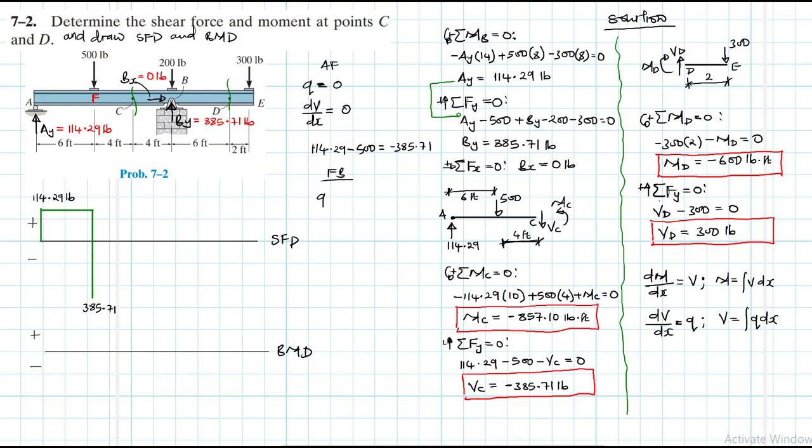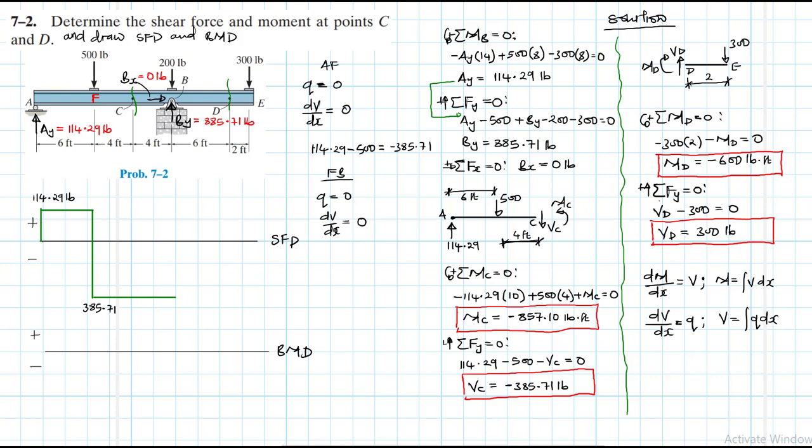Then later on, from F to B, we again know that q is just equal to 0. Therefore, our dV/dx, which is the slope of our shear, is also going to be equal to 0. So we are just going to have a line like this, which represents a 0 slope. Great.